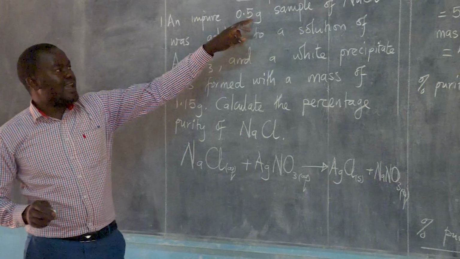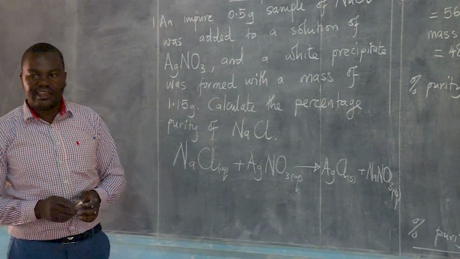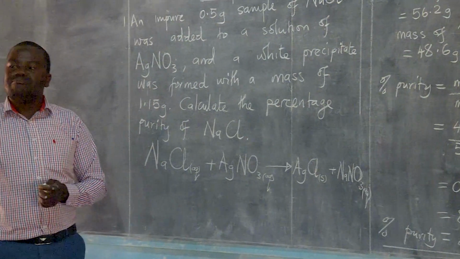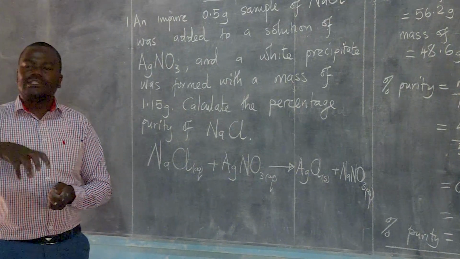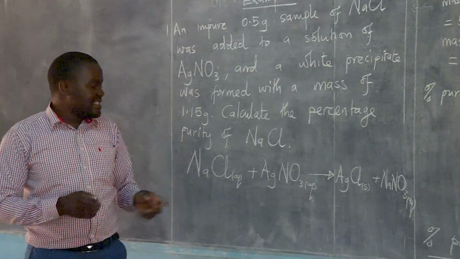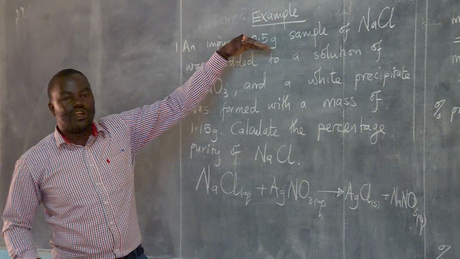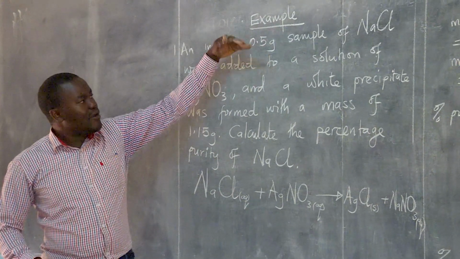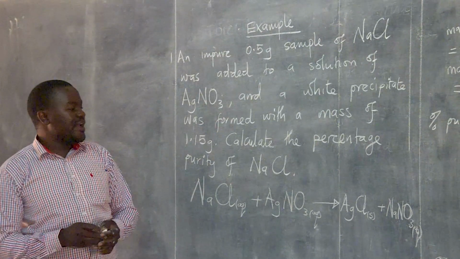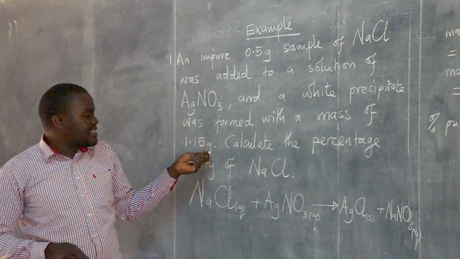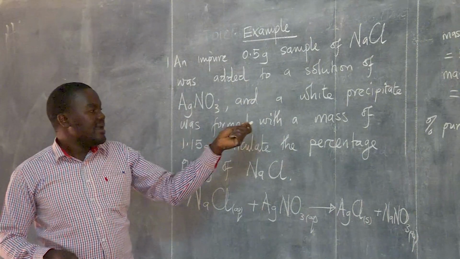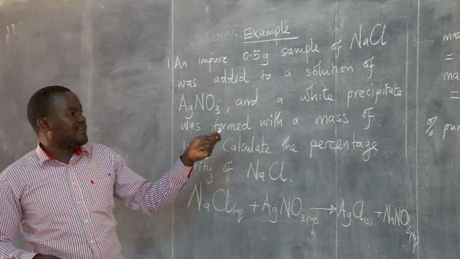So from there, this 0.5 grams we've been given is for the impure sample. What we want to find is the percentage purity. So at first you don't work with this. What you are supposed to do is to use this mass for the precipitate formed.